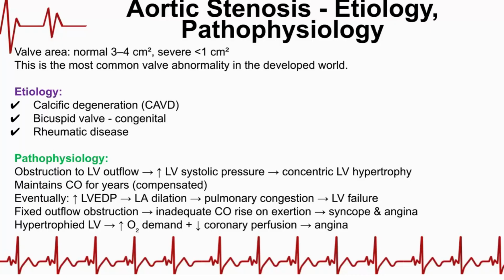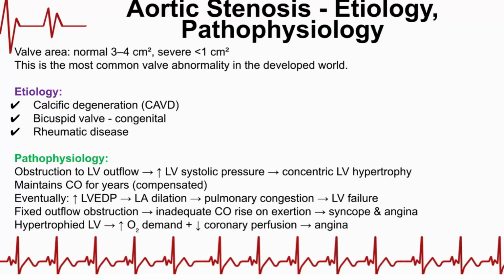Now, when somebody has reduced cardiac output, especially on, say, exertion, it leads to syncope. So syncope is, as I said, cerebral hypoperfusion. So not enough blood reaches the brain, so the brain shuts down to kind of divert blood from other areas to the brain.